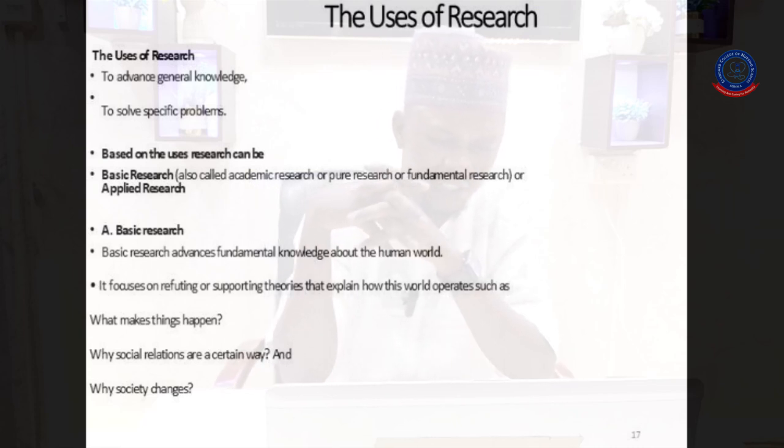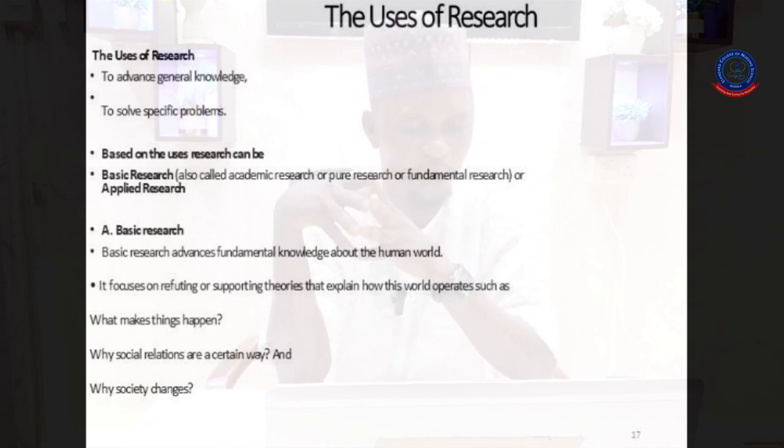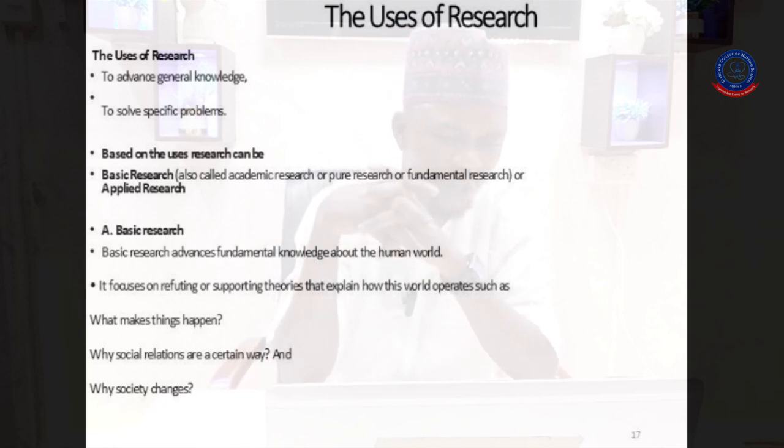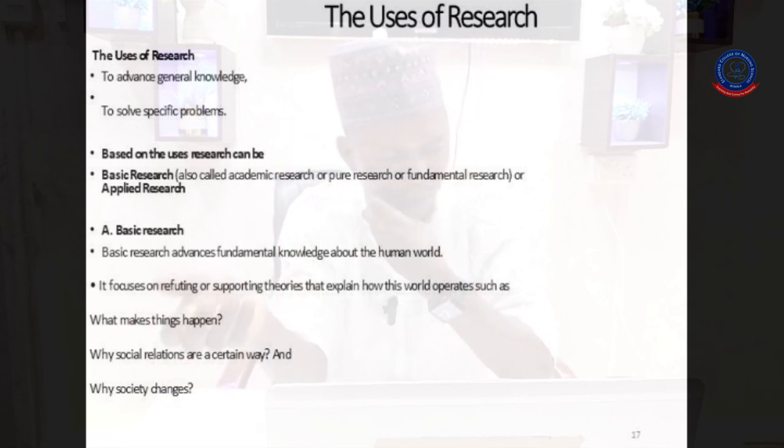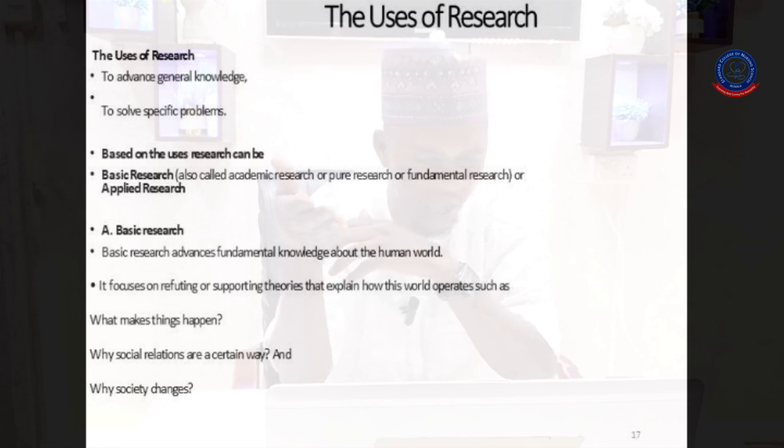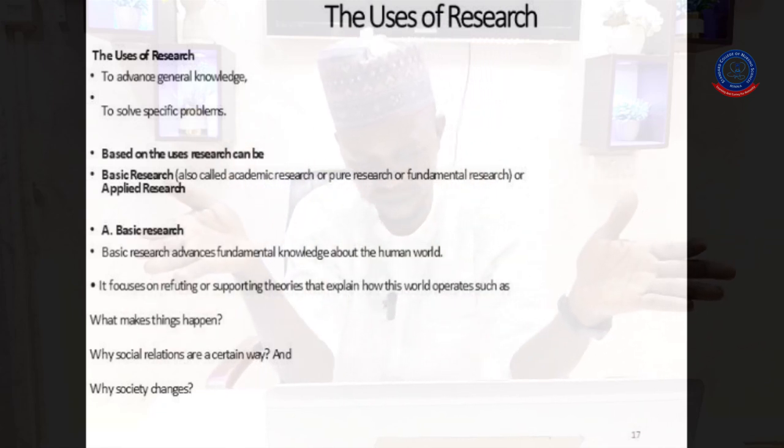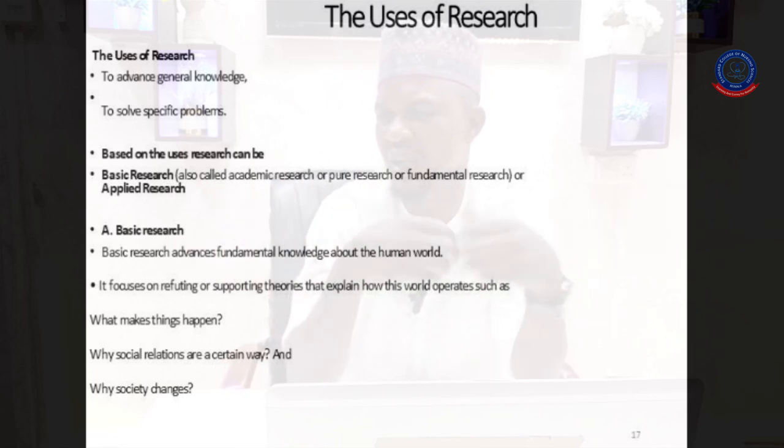Basic research advances fundamental knowledge about the human world. It focuses on refuting or supporting theories that explain how this world operates, such as what makes things happen, why social relations are a certain way, and why society changes. These are basic, fundamental, academic things.